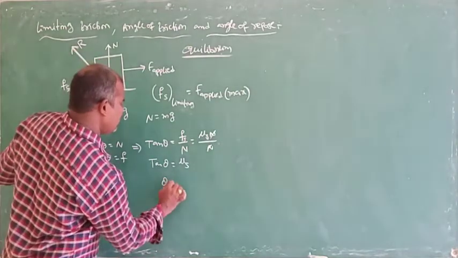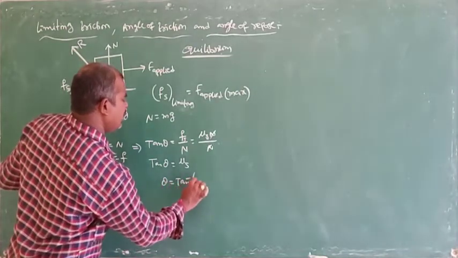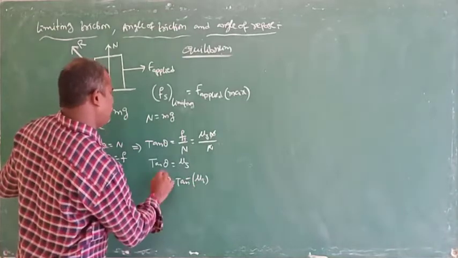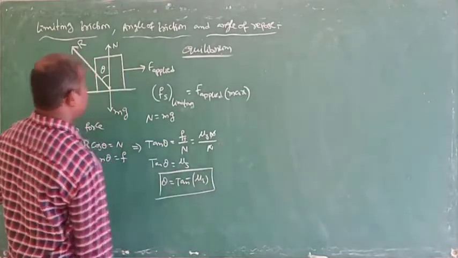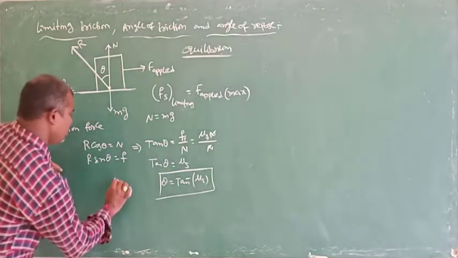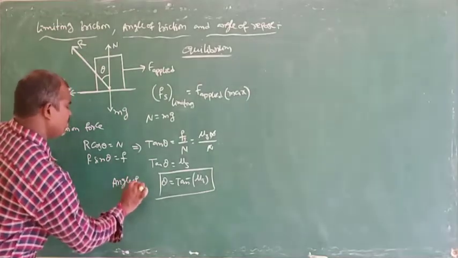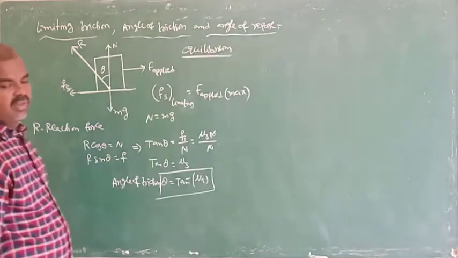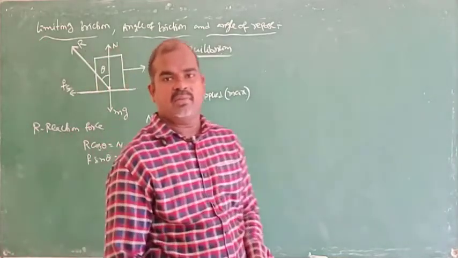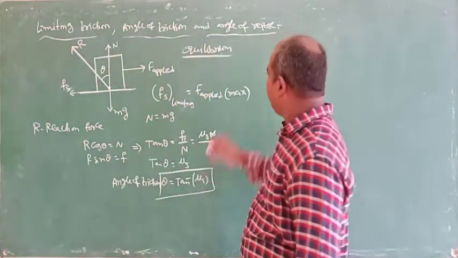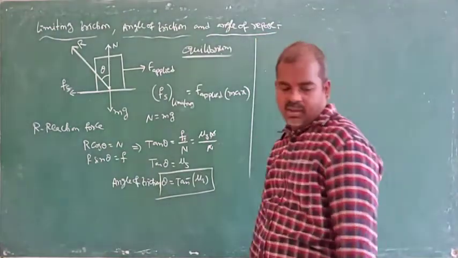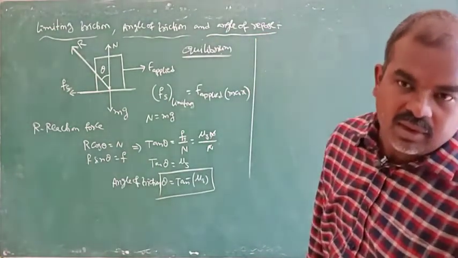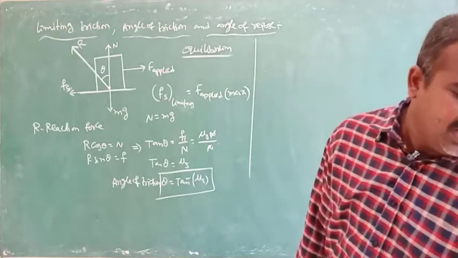Here theta is equal to tan inverse of mu s. This theta we call the angle of friction. Angle of friction theta is equal to tan inverse of mu s. Are you clear here? Angle of friction, tan theta is equal to mu s.